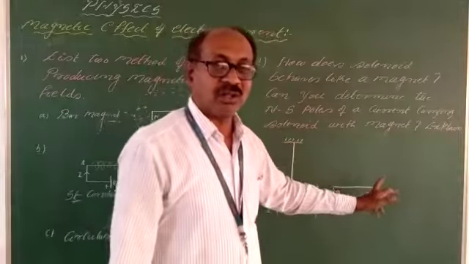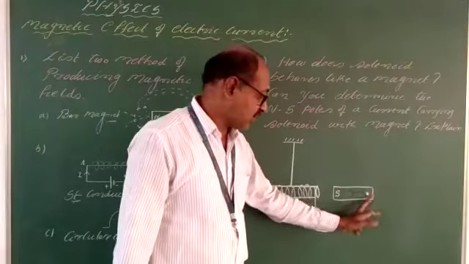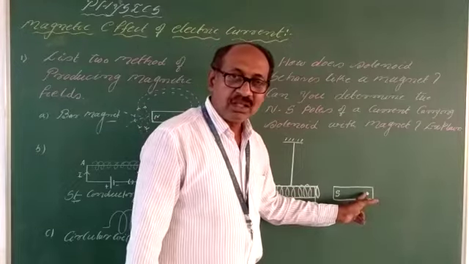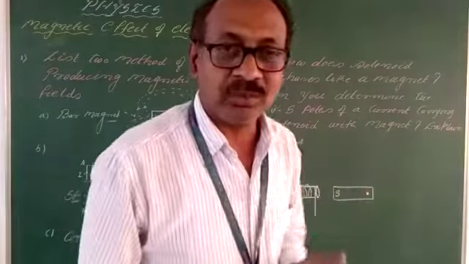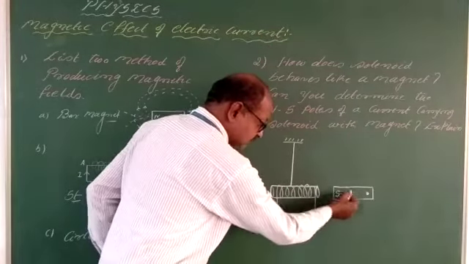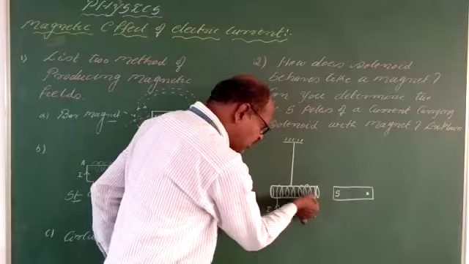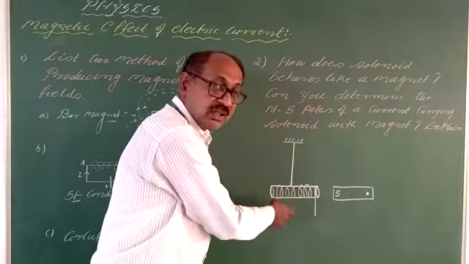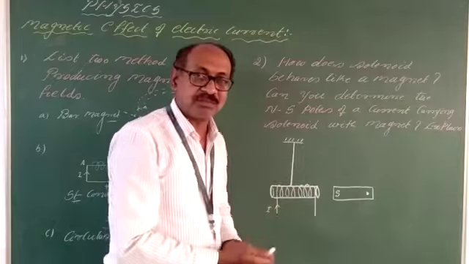Usually there is a dot on magnets, and that is considered the north pole. Bring the south pole of this bar magnet near the conductor, this means the solenoid, which is carrying a current.